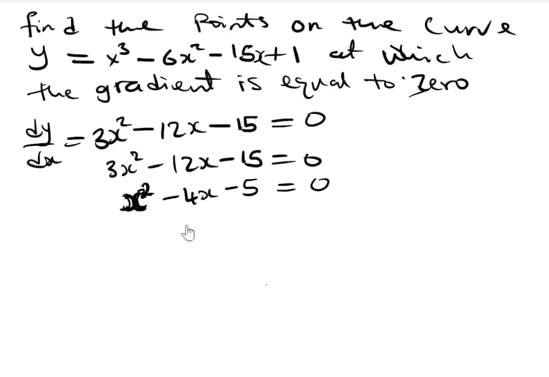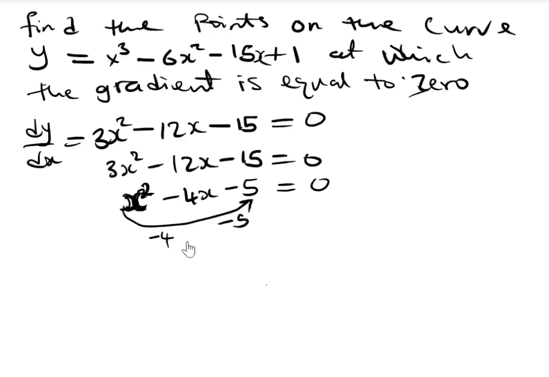This is a quadratic equation, and we can solve it using factorization. The coefficient of x squared is 1, and 1 multiplied by minus 5 will be minus 5. The number in between is minus 4.